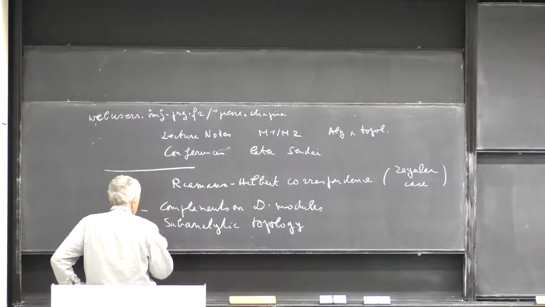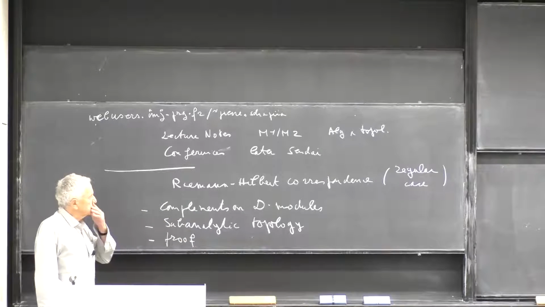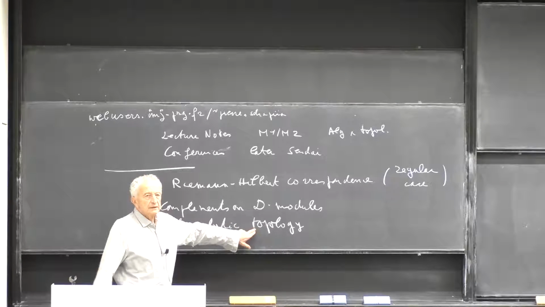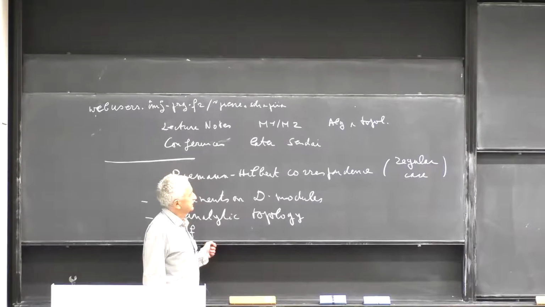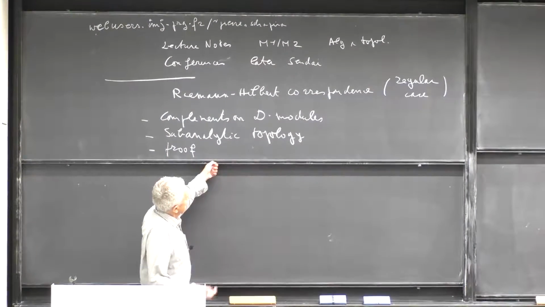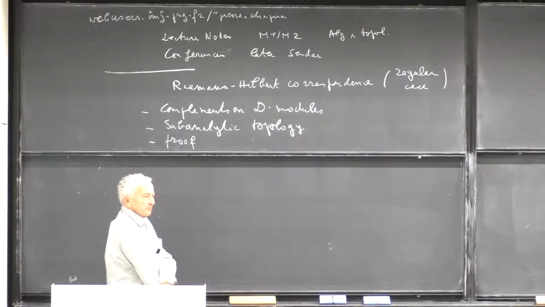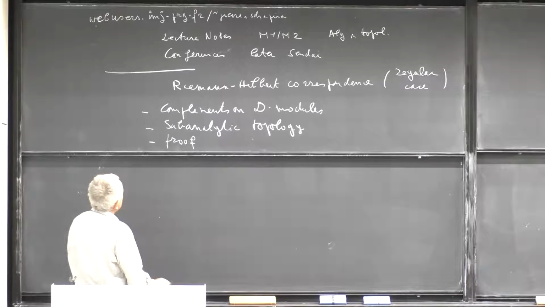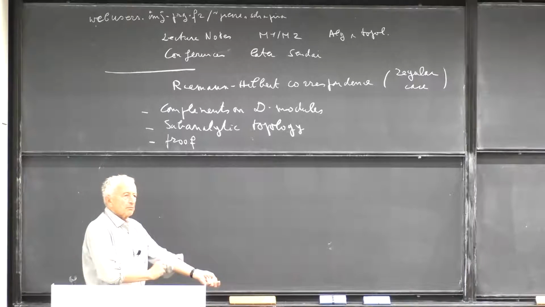And after, the proof of the theorem. The subanalytic topology, as we will see, is in the sense of Grothendieck topology, of course. It's not classical topology. And let me recall the history of the Riemann-Hilbert correspondence, which is a little controversial. Okay, so let's come back.